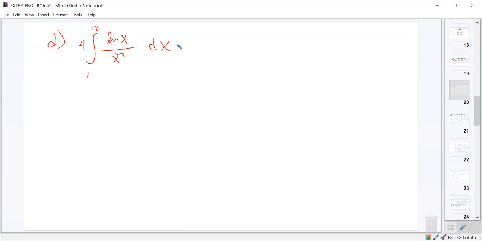If you want to keep it in there, you can. Should be pretty easy to integrate the x squared. So let's make the 1 over x squared our dv, which will make our u ln x, which will make our v negative 1 over x, and our du will be 1 over x.